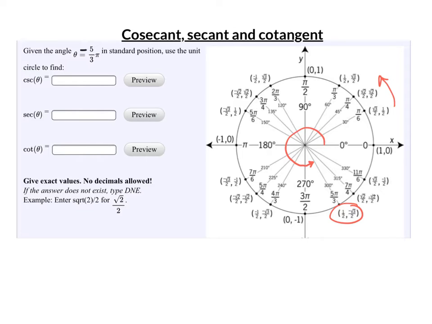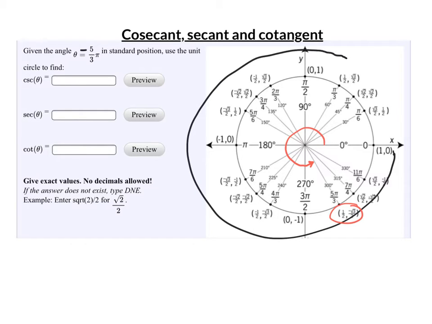We want to go 300 degrees the other direction. So negative angle, we start in standard position and go clear around. We're going to go 300 degrees, which means we are just 60 short. And we ended up right there at pi over 3. So our point is 1/2 for x and root 3 over 2 for y.